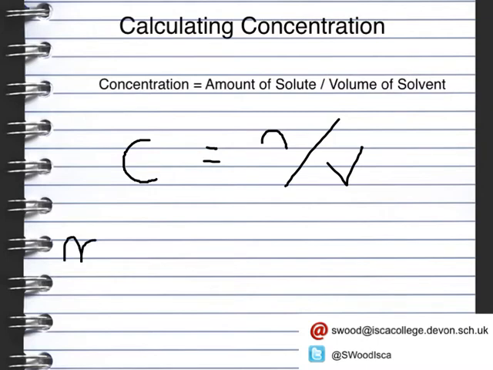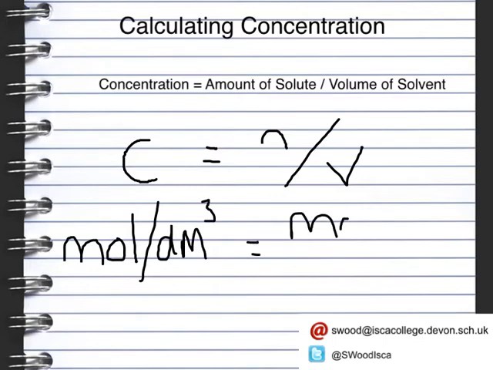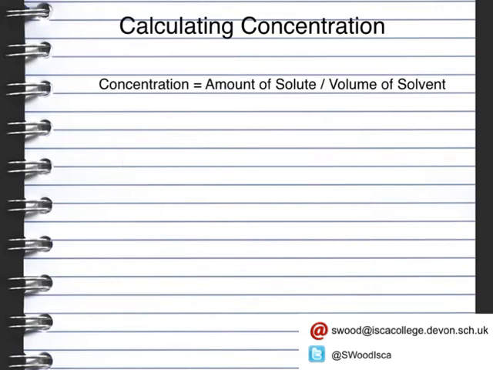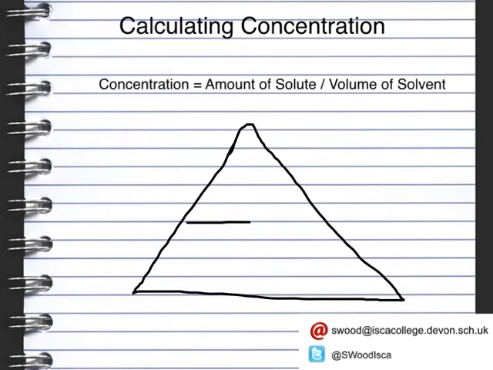Now the units are moles per decimetre cubed for concentration, and then we've got moles, and then we've got decimetre cubed, and you can see that the units for concentration are exactly the same as in the equation here. Now you'll need to be able to put this into a triangle so we can show how this will look. So we've got concentration is equal to the number of moles divided by the volume.